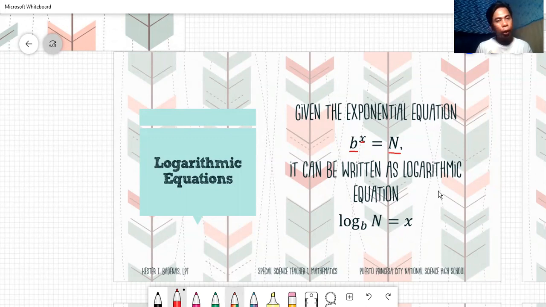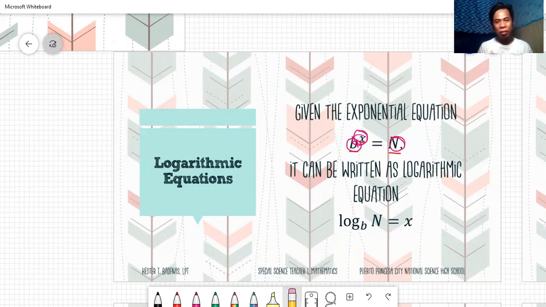Remember the parts of the equation? The x here is the exponent, b here is the base, and n here is the answer or the number.